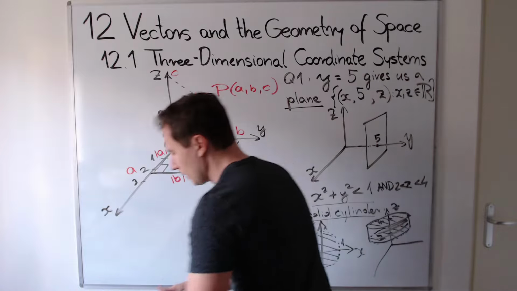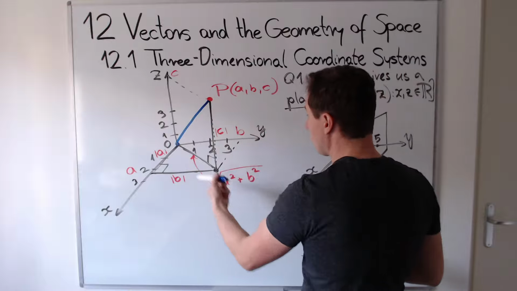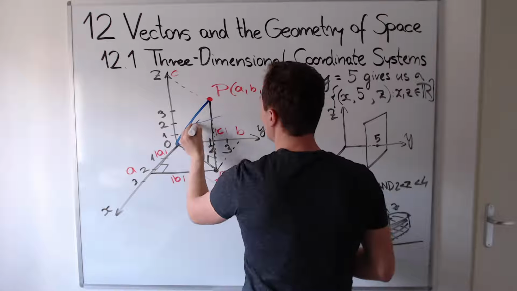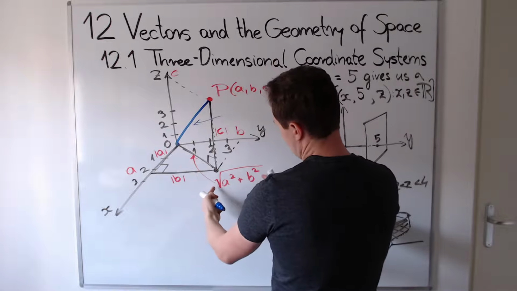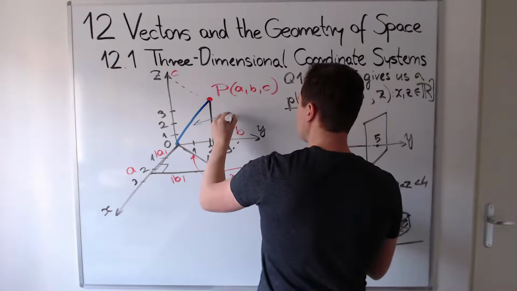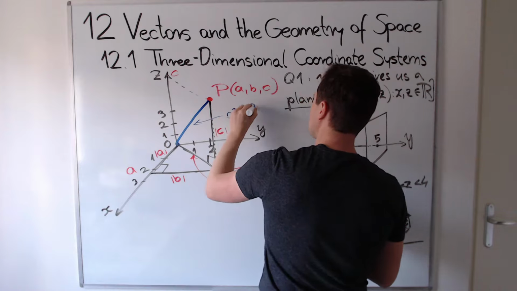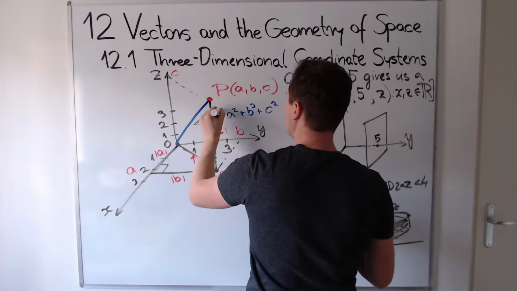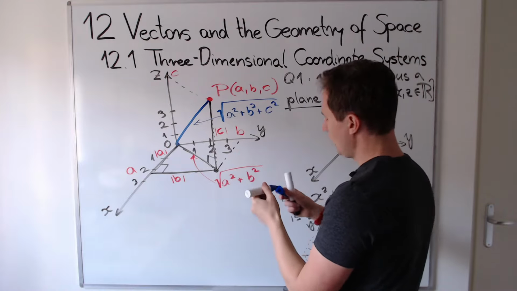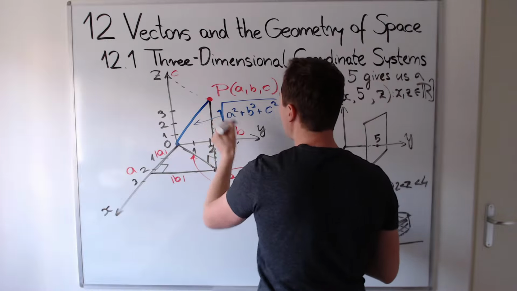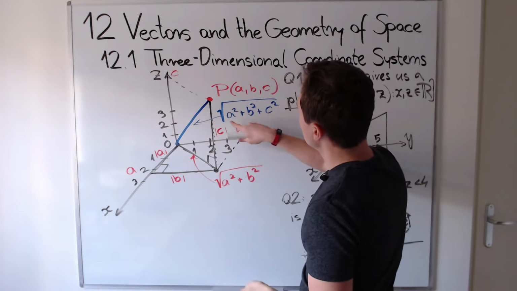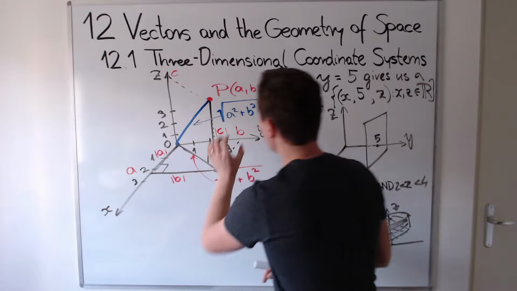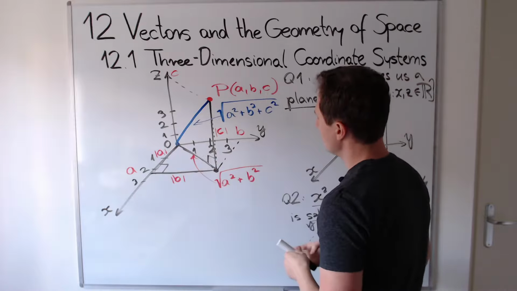And now applying Pythagoras' theorem again to get the length of that hypotenuse, I get this leg squared, so that's a squared plus b squared, plus the other leg squared, so that's going to give me c squared, all under the square root. So this is how we can compute the distance of a point from the origin. It's just the square root of the squared sum of its coordinates. Okay, the square root of a squared plus b squared plus c squared.